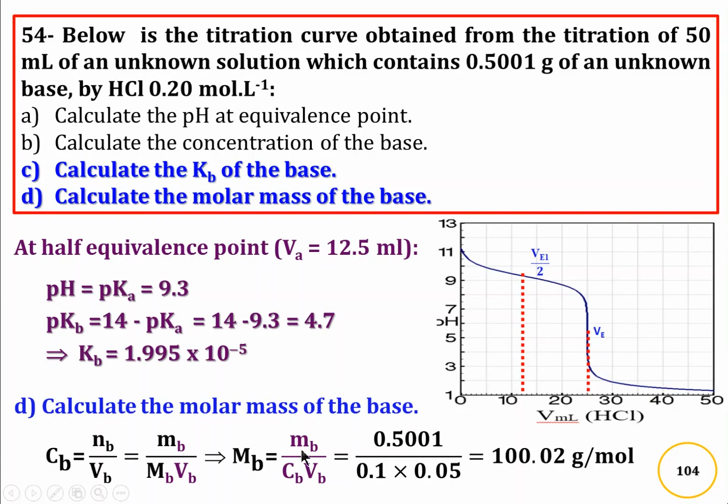So the molar mass is equal to mb divided by CbVb, and the mass of the base taken initially equals 0.5001, divided by the concentration of the base, which is found to be 0.1, times the volume of the base taken, which is 50 ml. So the molar mass of the base is equal to 100.02 gram per mole.